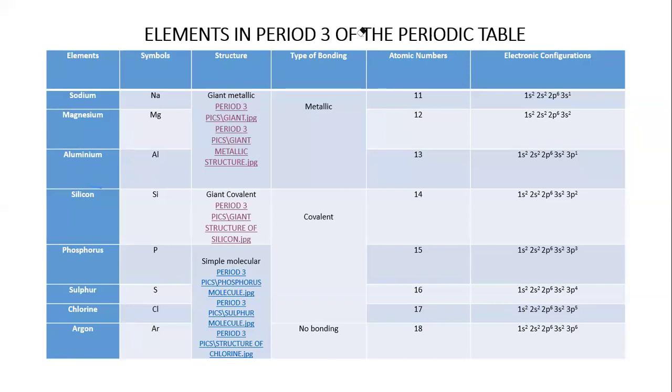Silicon has a giant covalent structure because it is extended. One atom combines with another and another until it forms an element which you can see. So it's not a simple structure. Not at all.